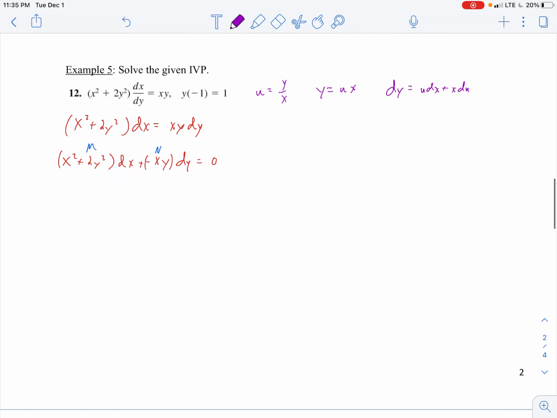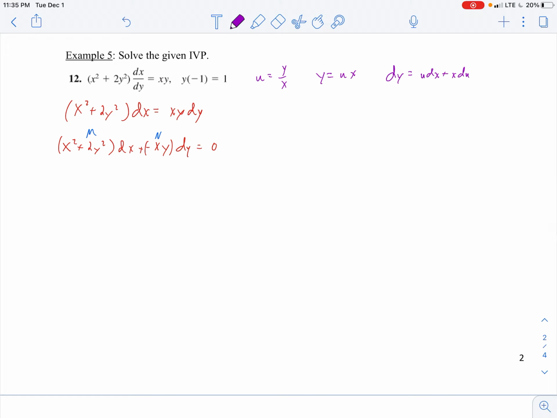And now let's go ahead and substitute everything in. So we know what y is, it's ux. So we're going to have x squared plus 2u squared x squared dx. We're just substituting that in. I'll just put the minus on the outside.